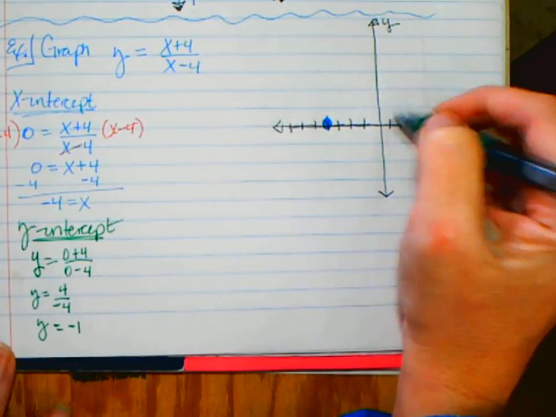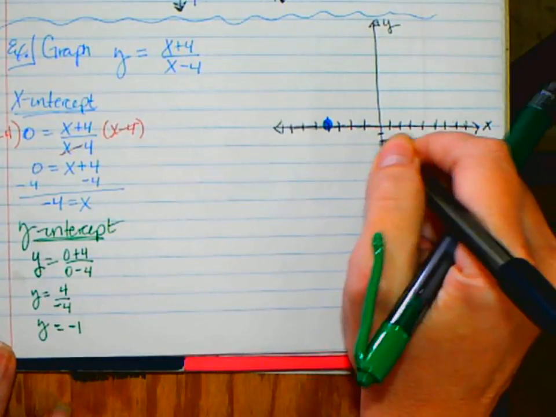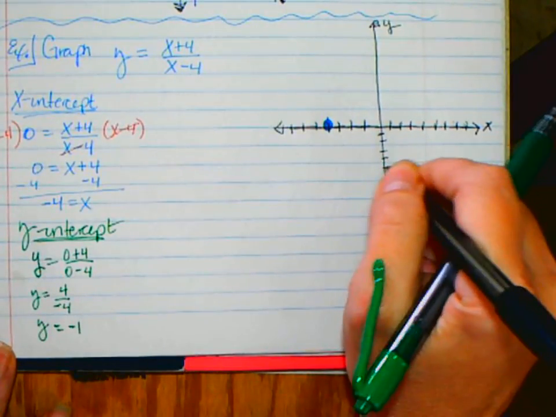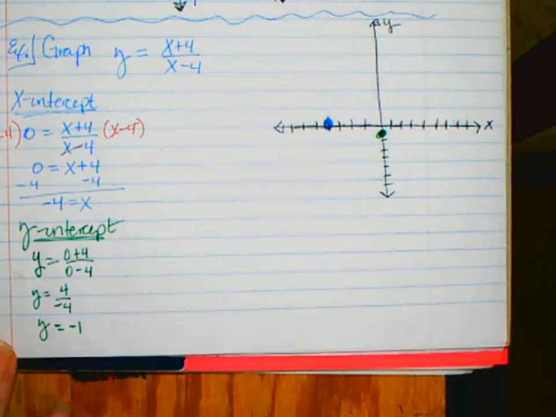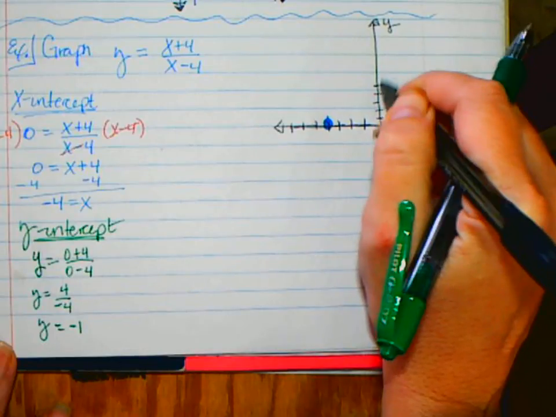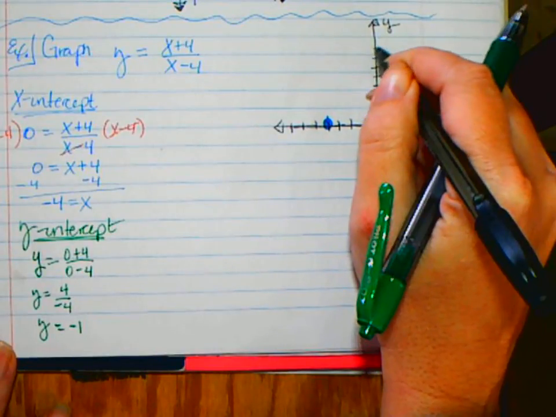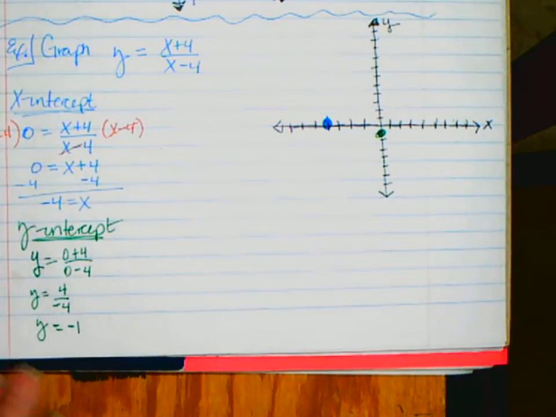So when x is 0, y is negative 1. That's my y-intercept. Coolio?